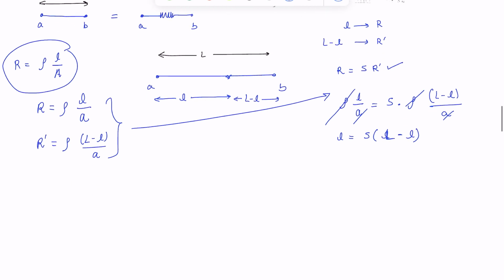This means that if you solve this, you'll have 5 capital L equals 6 small l, or small l equals 5 over 6 capital L. Okay, so that is your answer.